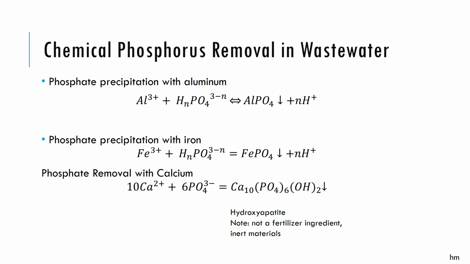As a rule of thumb, if you employ chemical precipitation in a wastewater treatment plant, you'll end up increasing the total amount of sludge you produce by about a third, which will be inert chemical sludge, and that becomes a major headache. The other downside is that this precipitated form of phosphorus is non-bioavailable, so it can't really be used as a form of fertilizer. Next slide.